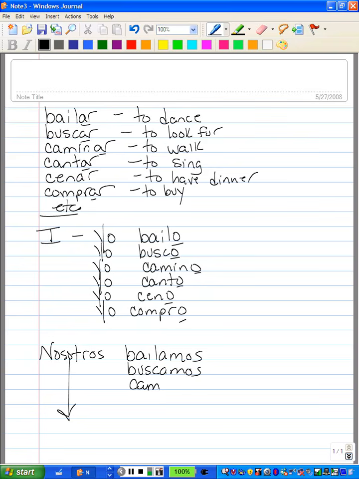We walk would be caminamos. We sing, cantamos. We have dinner, cenamos. We buy, compramos. Okay?